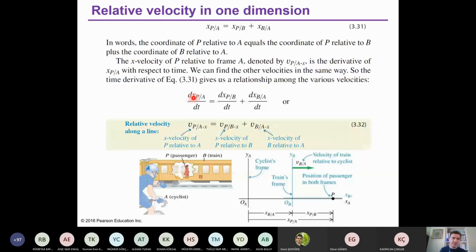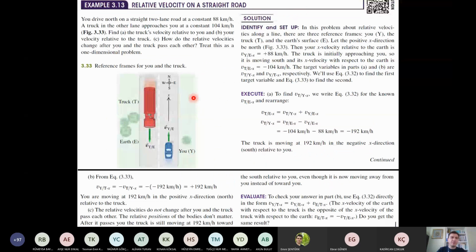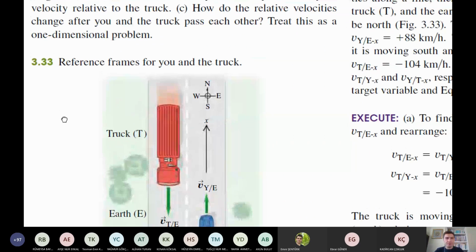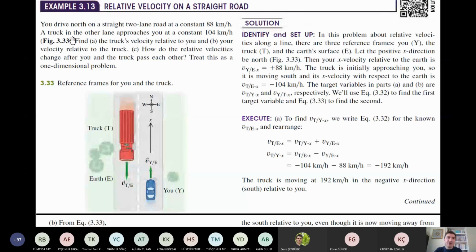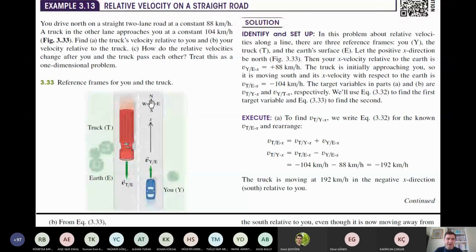Okay, now let me give you one example, a very simple question from the book. Relative velocity on a straight road: you drive north. This is the compass, north, east, south, and west, okay? And then you are here, and there is a truck here, and this is Earth. You drive north on a straight two-lane road at a constant 88 km/h.